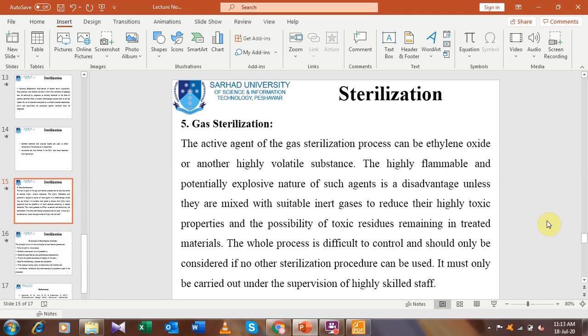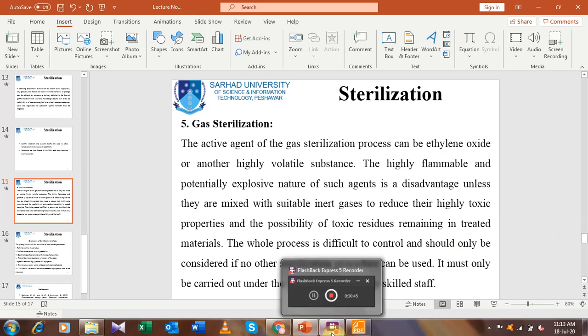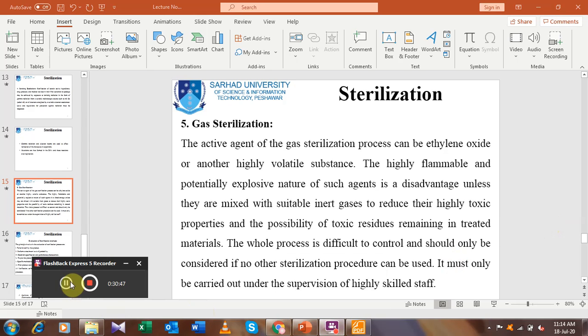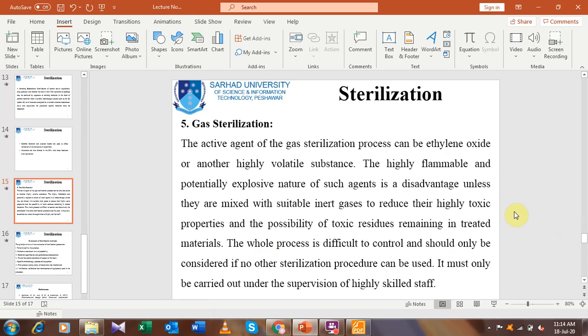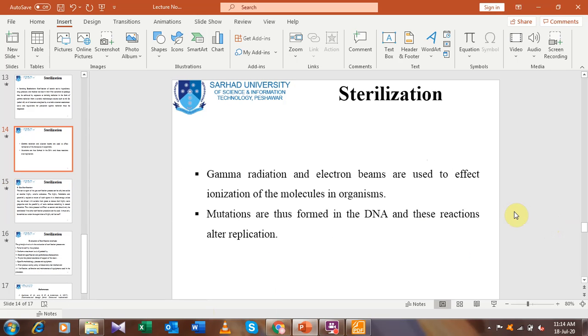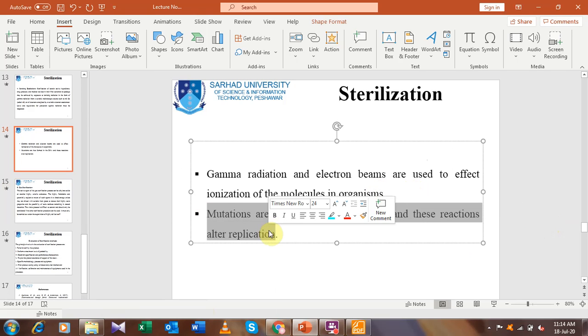The last one is gas sterilization. Before going to discuss this one, you should note that gamma radiation causes mutation or destruction of DNA or proteins, and this must occur by the ionizing radiation as well.